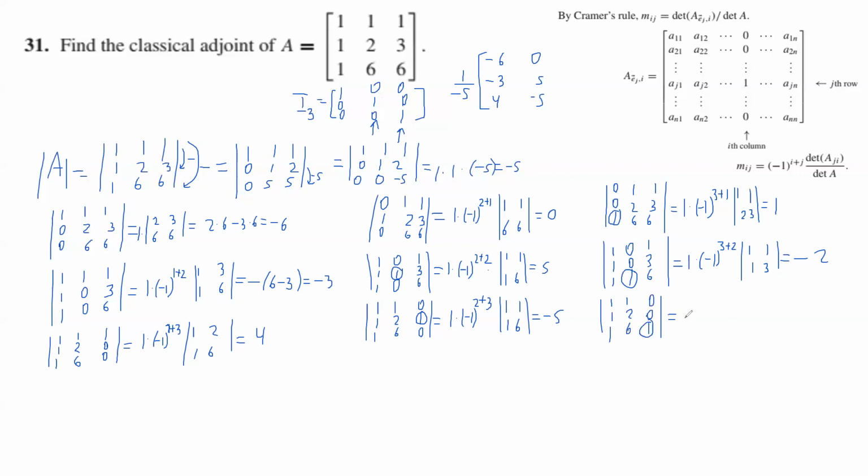So again, using cofactors, 3 plus 3, 1, 1, 1, 2, 2 minus 1 is 1, we will get 1. So the last column of our adjoint is 1, minus 2, 1.